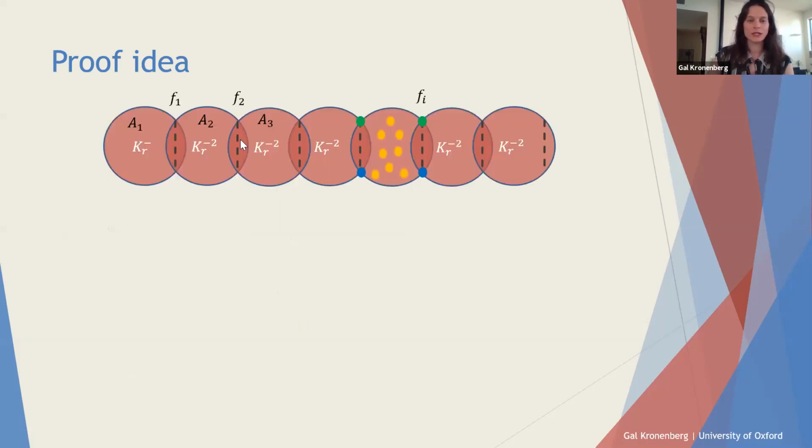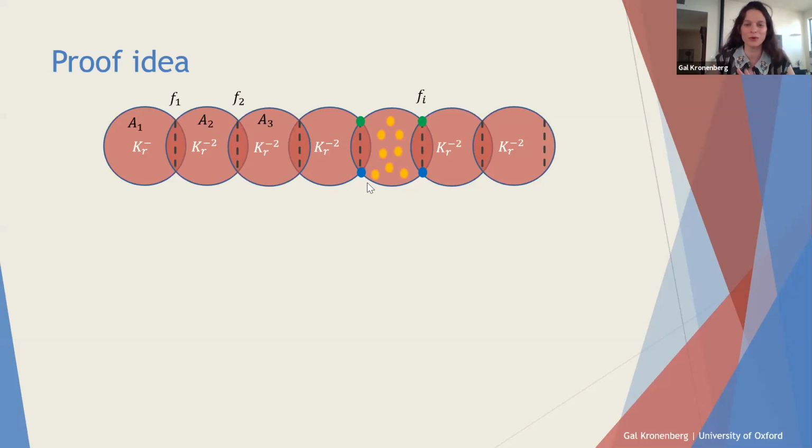And let's look once again at this picture that shows that we have these cliques and they intersect in exactly one edge. And let's pay attention that we have several special vertices here. So we have the intersection vertices. I call them the upper ones the green, the lower ones the blue, and I want that the edges that get infected will be only these edges. So only between green and blue will get infected.